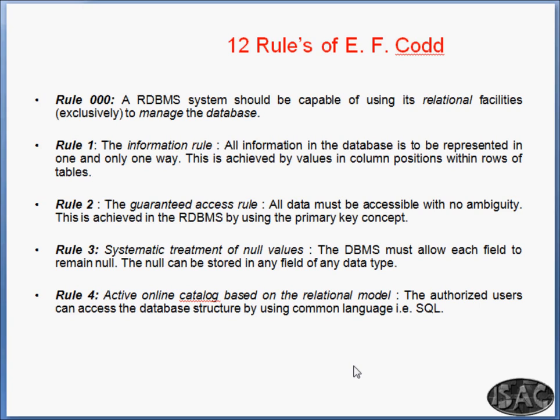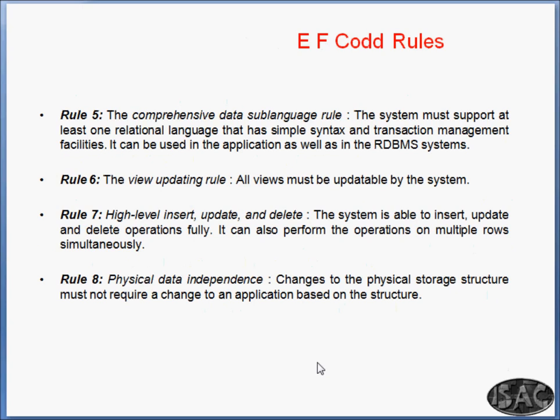So there is some authorization stuff that should be there, where only authorized users can fire the query and access the database structures, right? Rule 5, the comprehensive data sub-language rule. The system must support at least one relational language that has simple syntax and transactional management facilities.